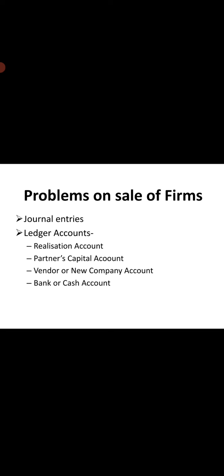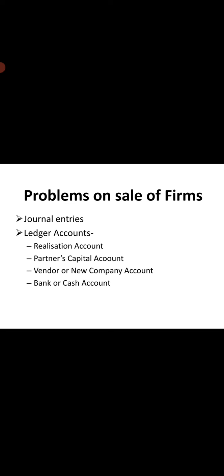So in this slide, that is session 69, we mainly highlight the problem on the sale of partnership firm. Generally, this problem deals with journal entries and ledger accounts of sale of partnership firm. The students can refer to the study materials enclosed with this video to have a glance at the problem.